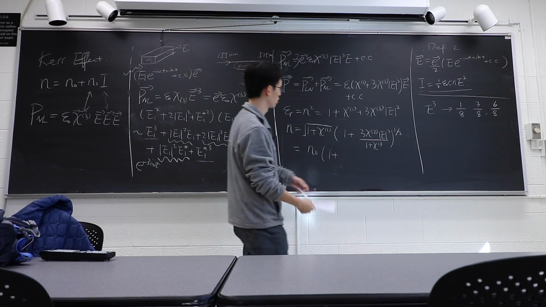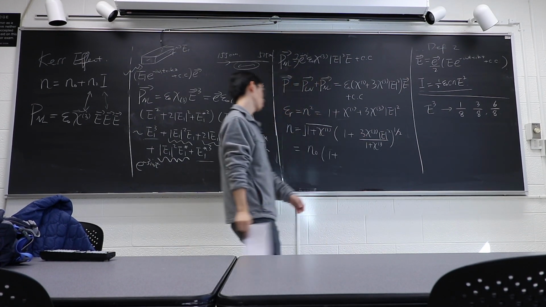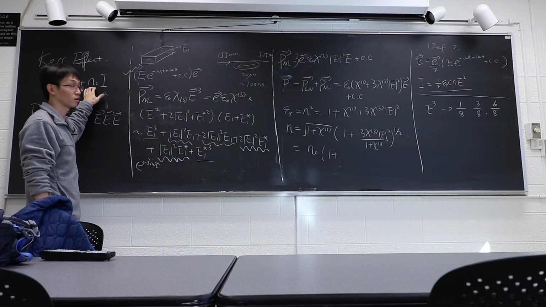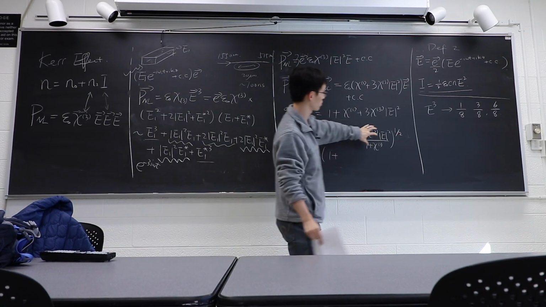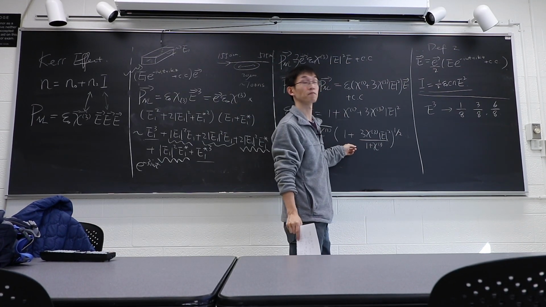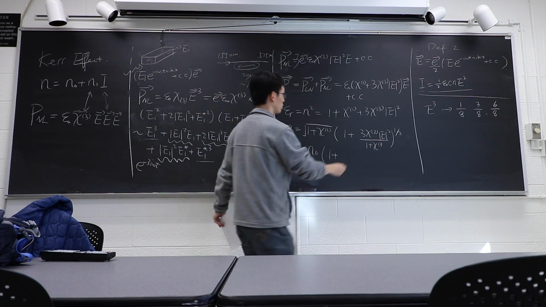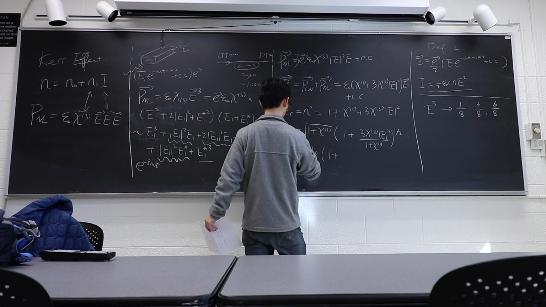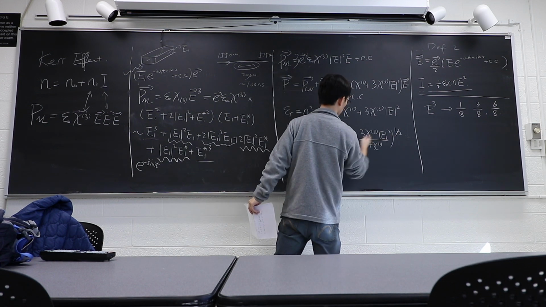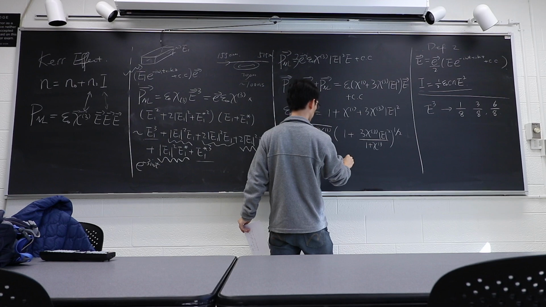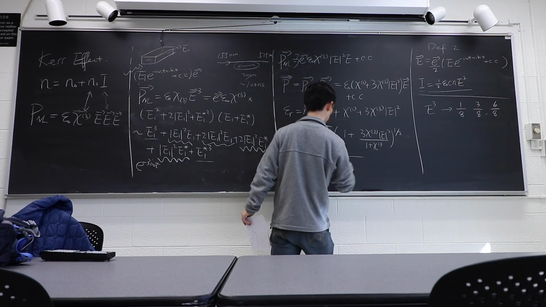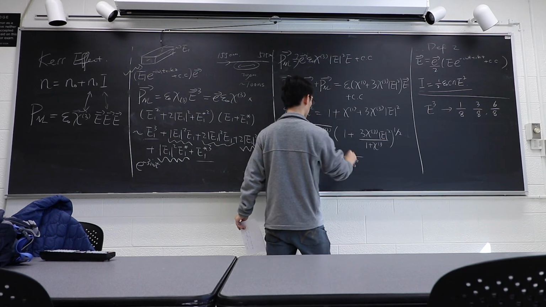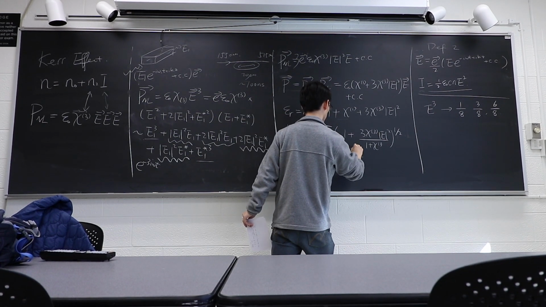Now this is interesting. Usually, we already showed how small n2 is in the last lecture. So this term is actually much smaller than 1, so you can take an approximation here. This comes down to here. You have 2, this one is n naught squared, 3 chi3.